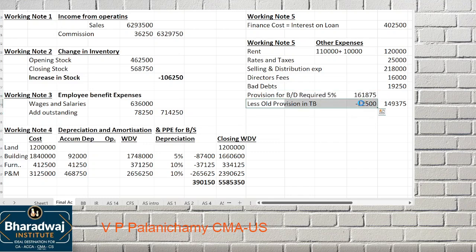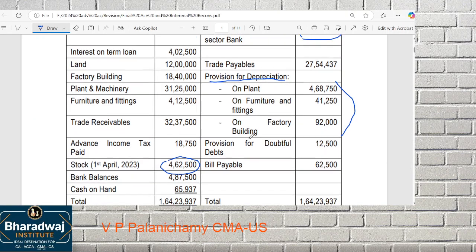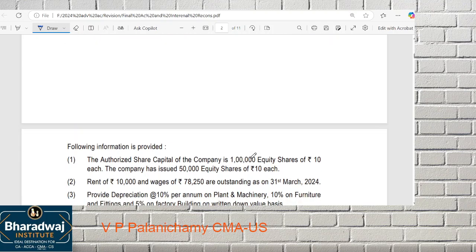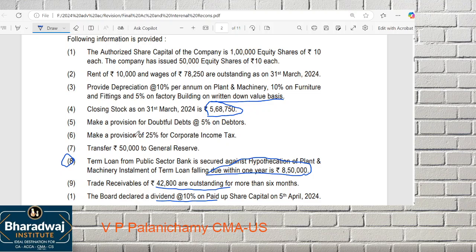Already there is an old provision. Current year additional provision will come in the expenses. Then this advance tax will come as loans and advances. Any other expenses to be provided? Check for information also.